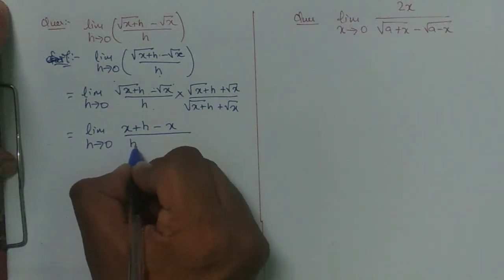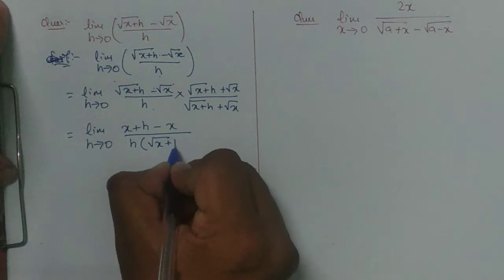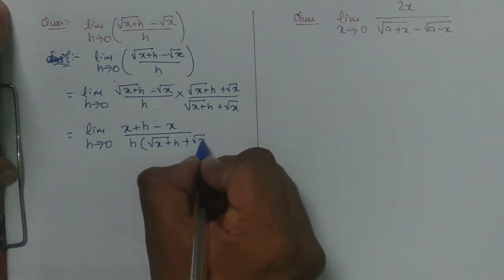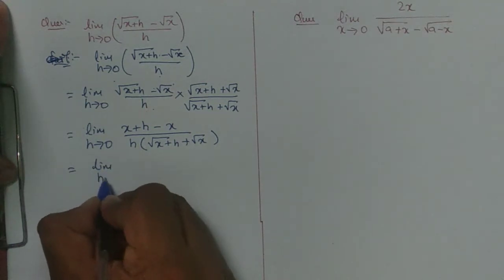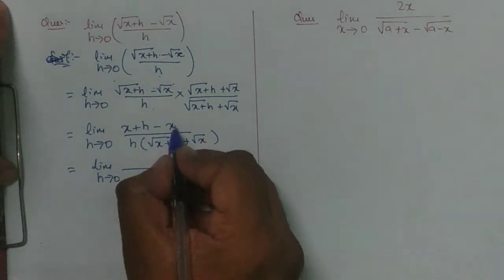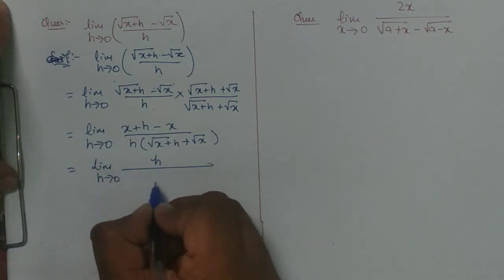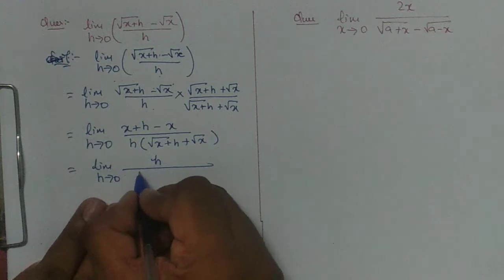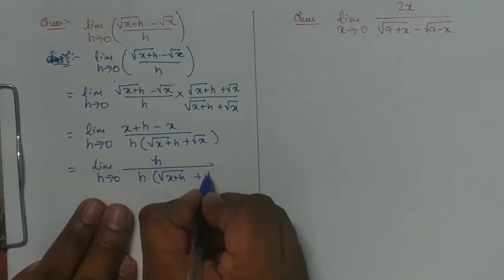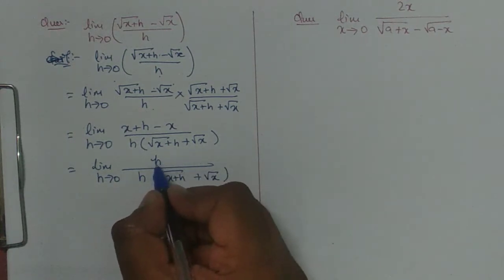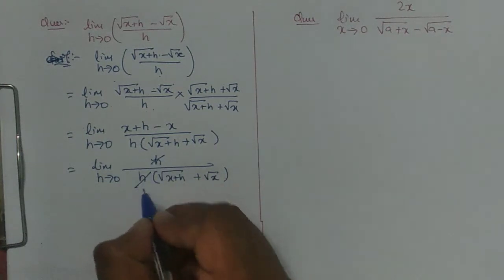And in the denominator, what do I get? h into root x plus h plus root x. And it will be equal to limit h tends to 0. See, x minus x is 0. So in the numerator, we will have only h. So h is common in both numerator and denominator, so they will cancel each other.